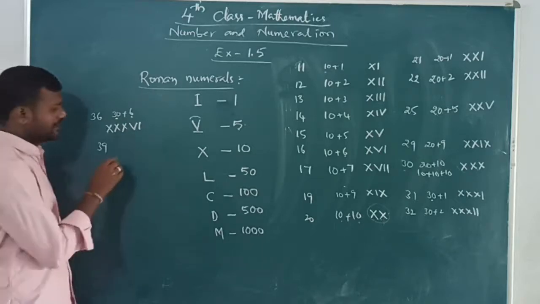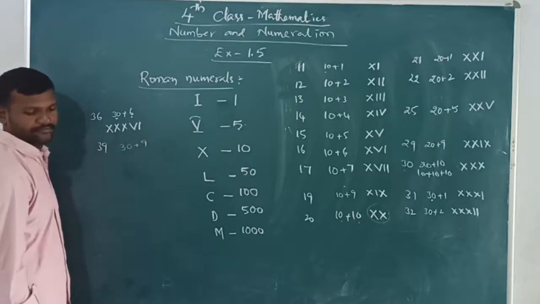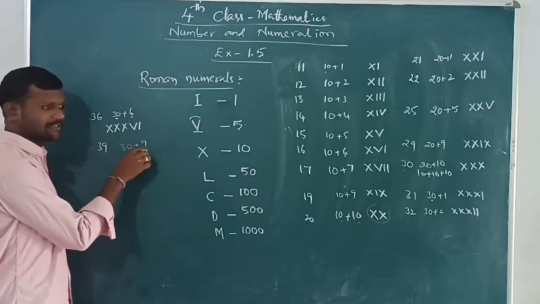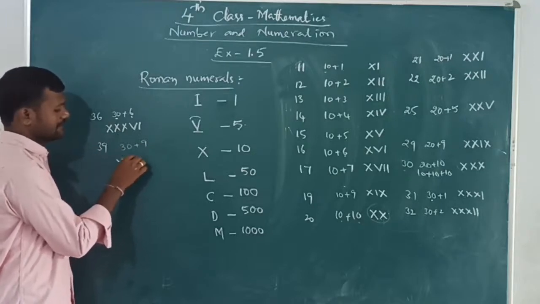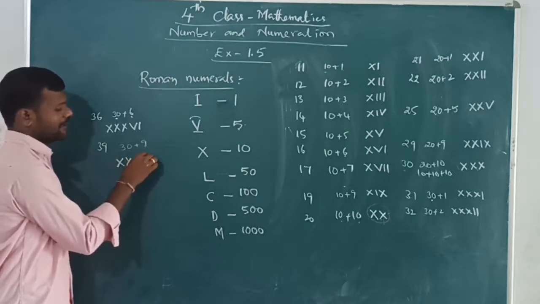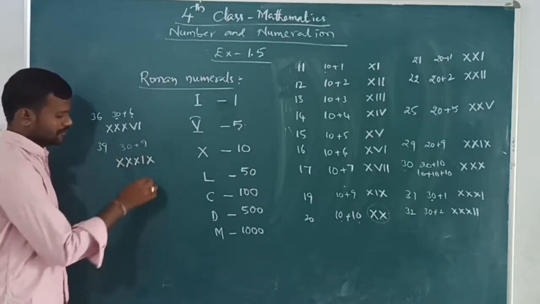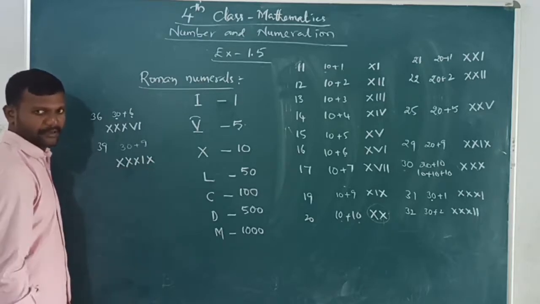How can I write 39? 30 plus 9, 39. 30 means XXX, and 9 means IX. So this is 39. Okay, up to 39 is completed.